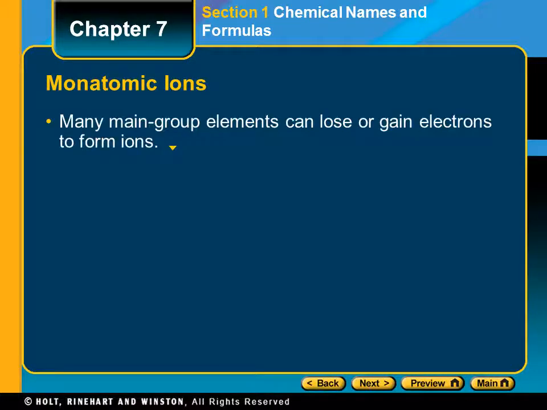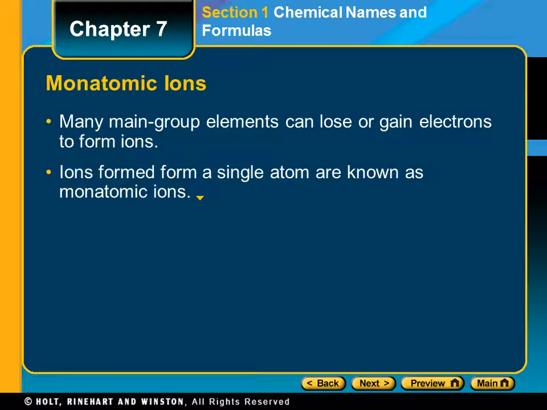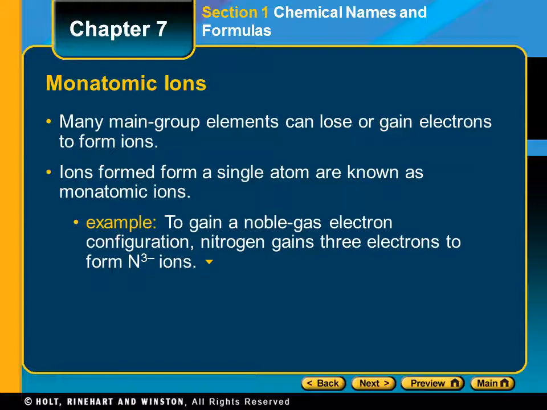When we talk about monatomic ions, this is where we have main group elements that are able to lose or gain electrons to form ions. Ions formed from a single atom are known as monatomic. That should make sense to us. Atomic, mon meaning one. These are monatomic ions. So to gain a noble gas electron configuration, nitrogen gains 3 electrons to form N3- ions.